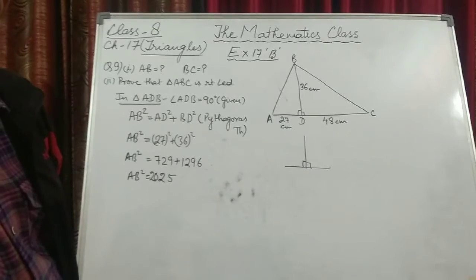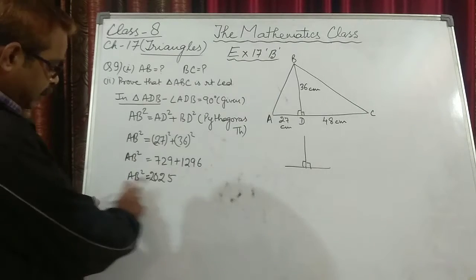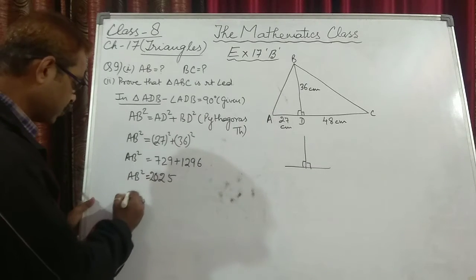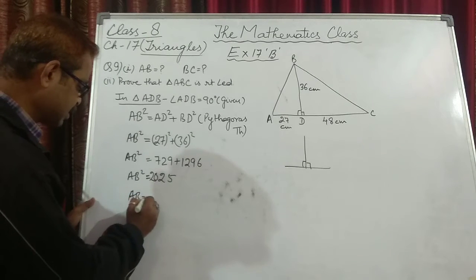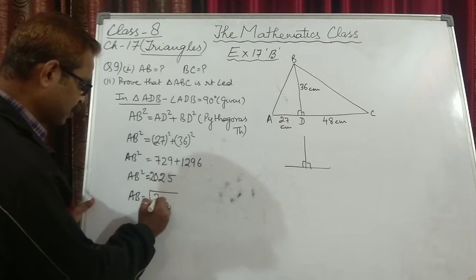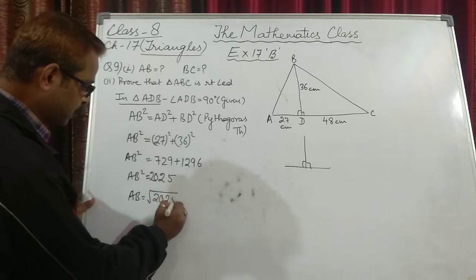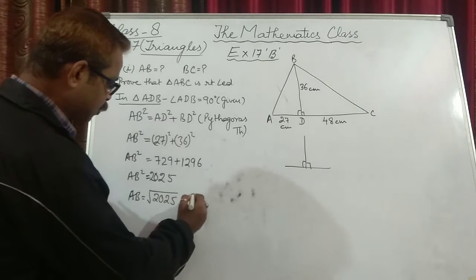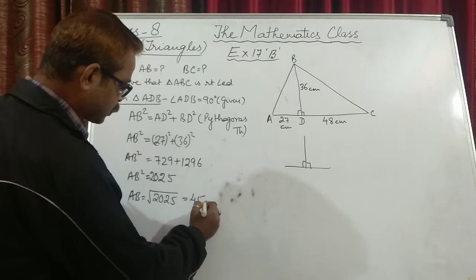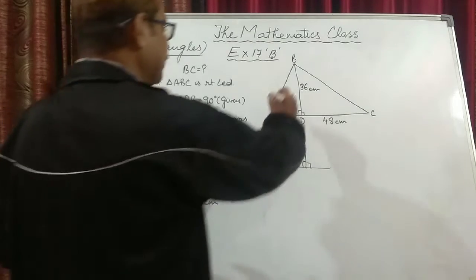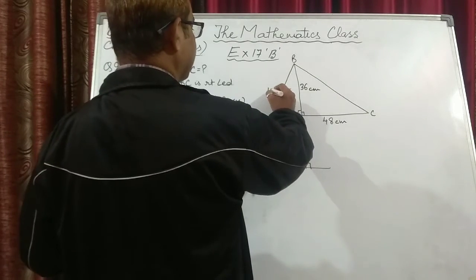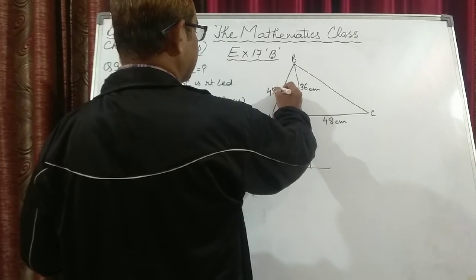Now we have to find out AB. If AB square is 2025, then AB means under root 2025, and that comes out to be 45. So 45 centimeter is the length of AB.